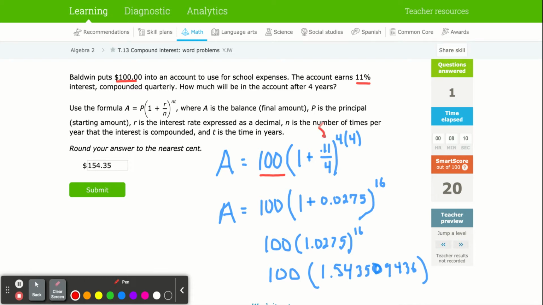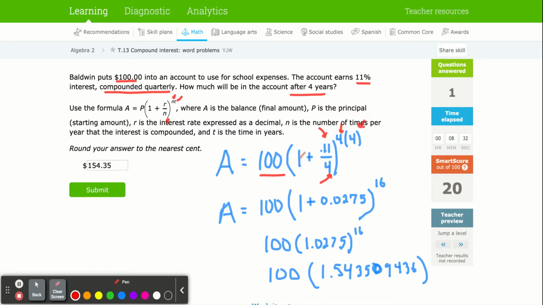That went right here, but I wrote it as 0.11. I compounded quarterly. That means N is 4, quarterly, four times a year. So then in the top, I plugged in 4 for this N here. See, there's the N there and there's the N there. And then I did it for a total of 4 years. So I replaced the T with 4.